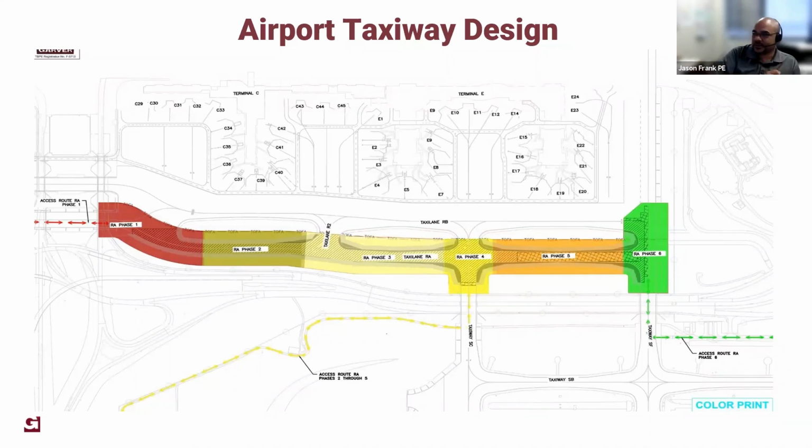Again, this is work we're doing out at Bush, and I work with my friends at Jacobs on it. So we can see we've laid out the phase areas following the taxiway object free areas, and in this case we modeled it with the model you saw before, just to make sure that on taxi lane RB we can pass aircraft through without an incident or accident occurring.